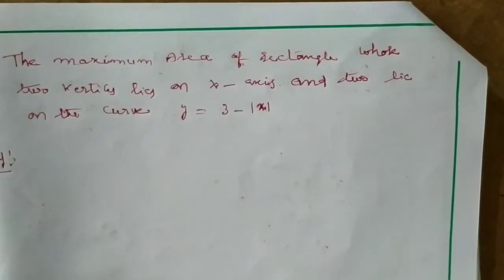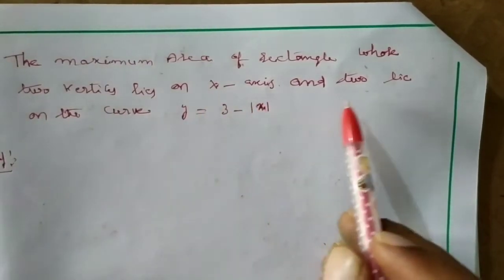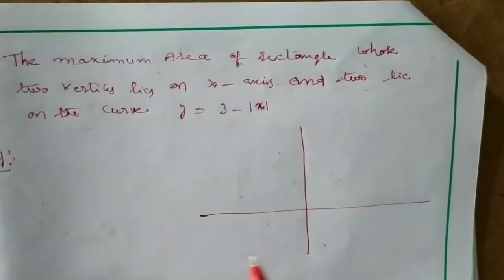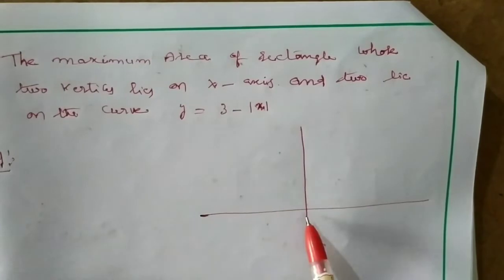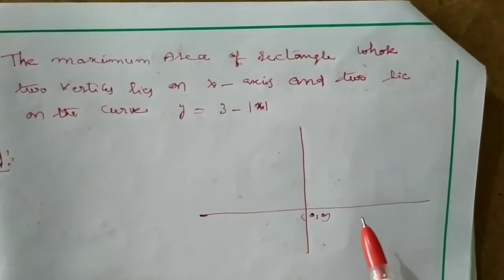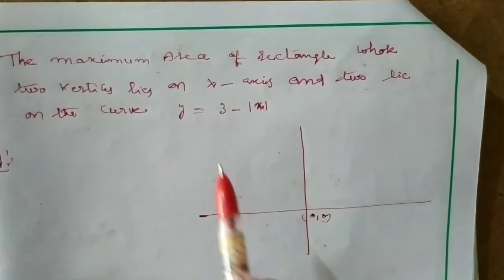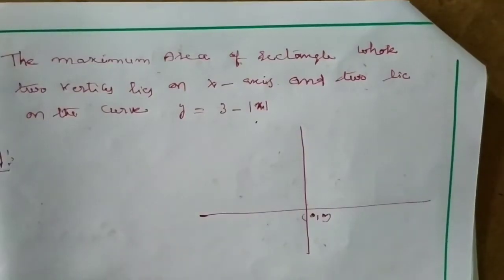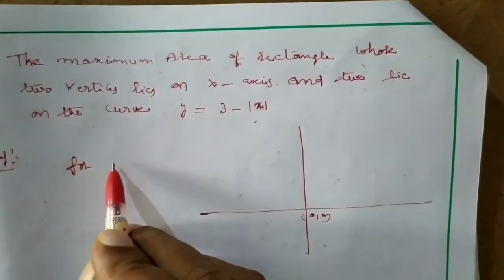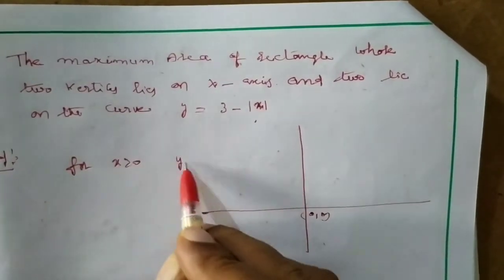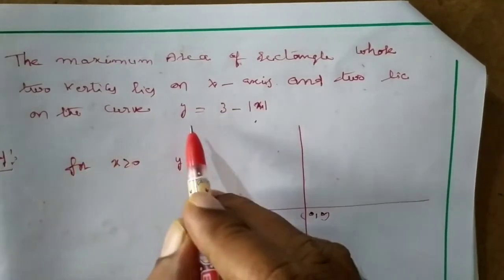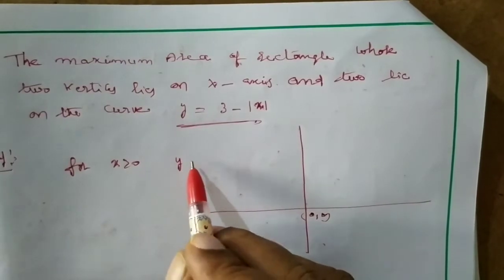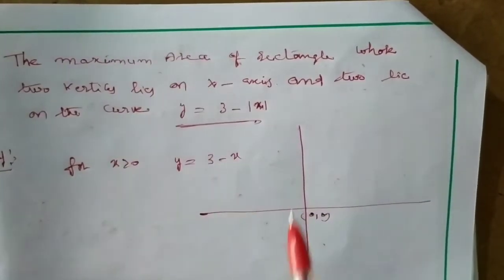We need to find the area of the rectangle whose vertices lie on the x-axis and two lie on this curve, which means if you draw the Cartesian plane, the two-dimensional plane, with the origin, then for x greater than 0, the given curve is y is equal to 3 minus x.